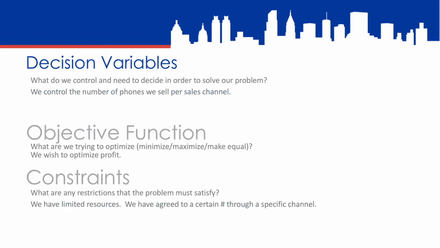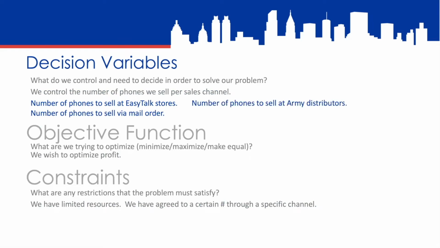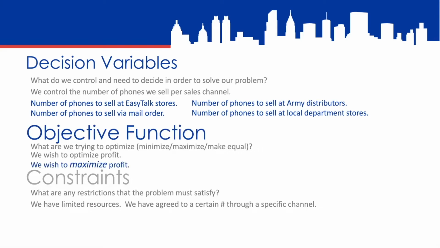Now, let's get more specific. For your decision variables, you control the number of phones sold at EasyTalk stores, the number of phones sold via mail order, the number of phones to sell at Army distributors, and the number of phones to sell at local department stores. Our specific objective function is that we wish to maximize profit.